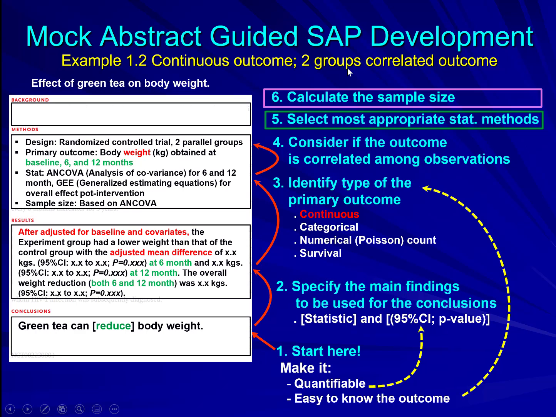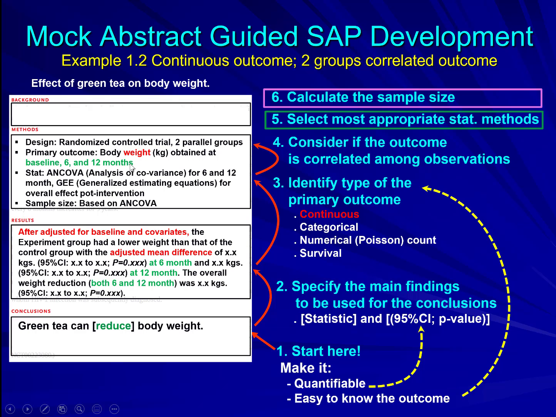But if there is correlated outcome, you see this one, everything is the same, right? So reduce body weight. But since we need to account for the correlated outcome, it means that it is a randomized controlled trial with parallel groups, but the outcome was measured at baseline, 6 months and 12 months.